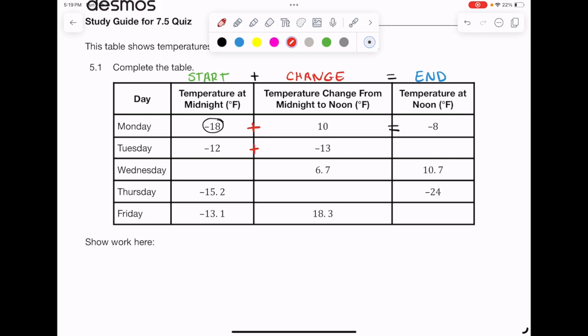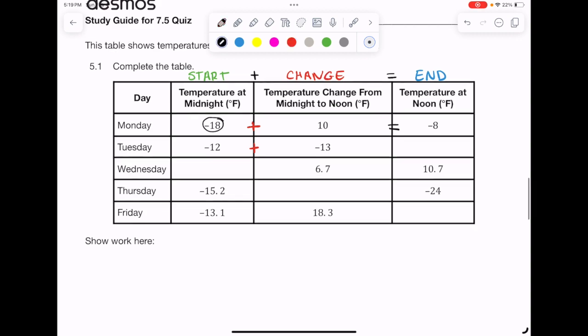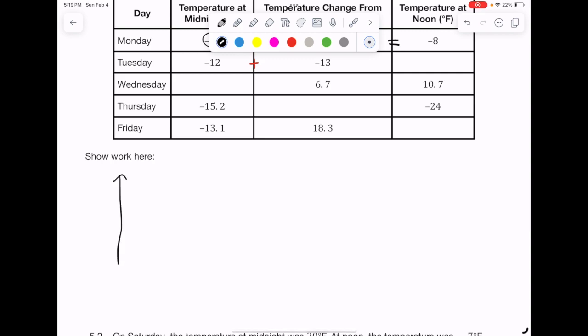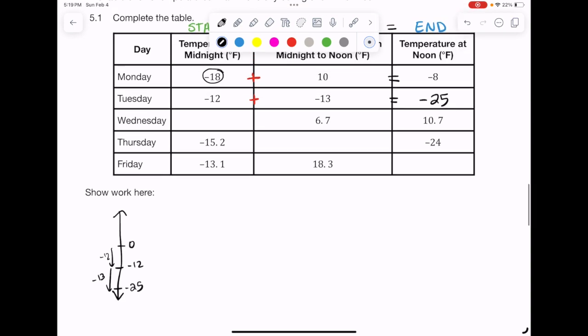We're starting at -12, and then our temperature change is -13 degrees. If you want to model that, we're starting at -12, and then we're going down 13. And you're going to end up at -25 degrees because it gets 13 degrees colder.